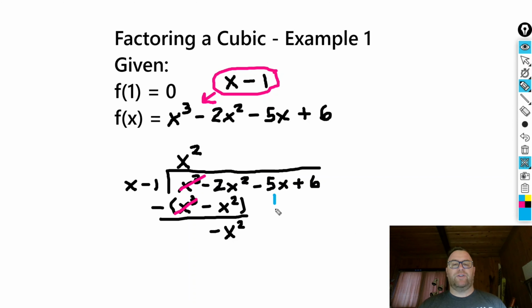Just like regular division, this stuff is going to come down. So we get negative x squared minus 5x plus 6. Now how many times does x go into negative x squared? It goes into it negative x times. Negative x times x is negative x squared, and negative x times negative 1 is a positive x.